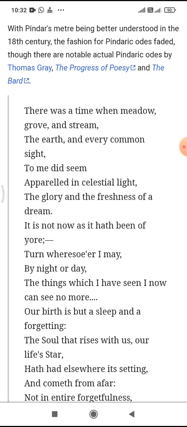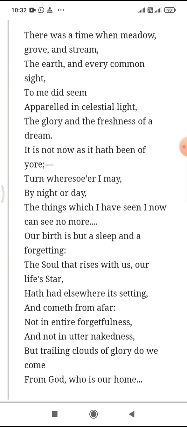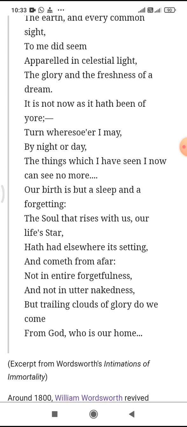Our birth is but a sleep and a forgetting. The soul that rises with us, our life's star, hath had elsewhere its setting, and cometh from afar, not in entire forgetfulness, and not in utter nakedness, but trailing clouds of glory do we come from God who is our home.